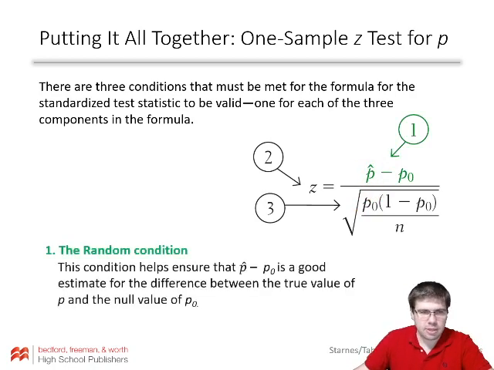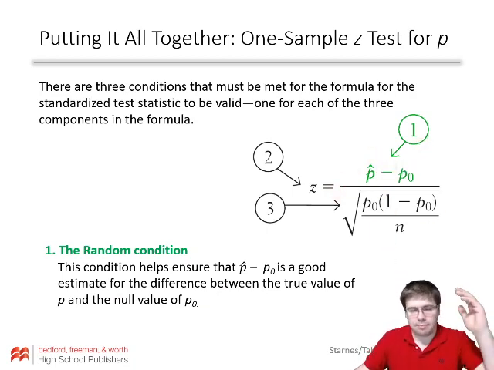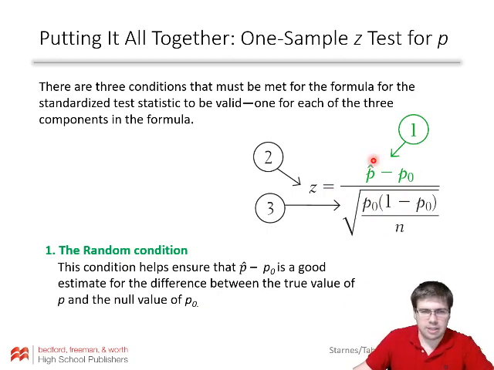And so that's where the random condition comes in. Is that a good estimate of the sample proportion? And so it helps ensure that p hat minus p naught is a good estimate of the difference between the true value of p and the null value of p naught. So is it estimating the actual population proportion, p, which is why we call this p naught, by the way, because it's not necessarily p. We're assuming it's p for the purpose of doing the problem.